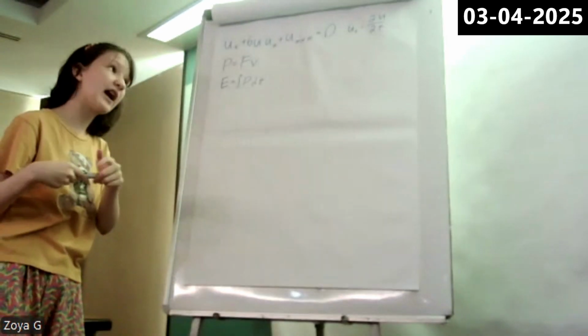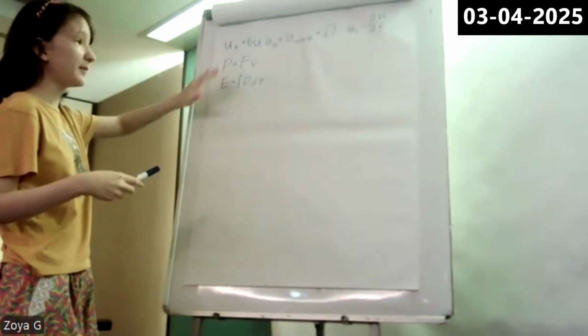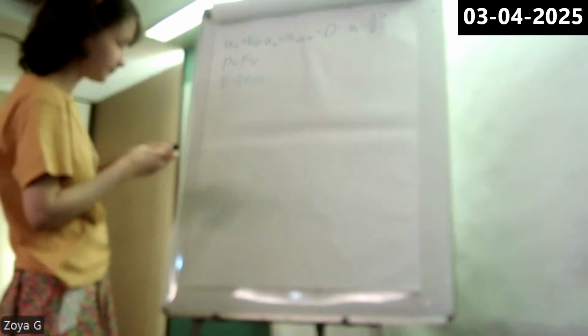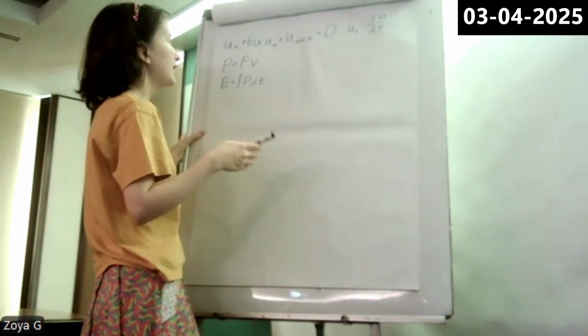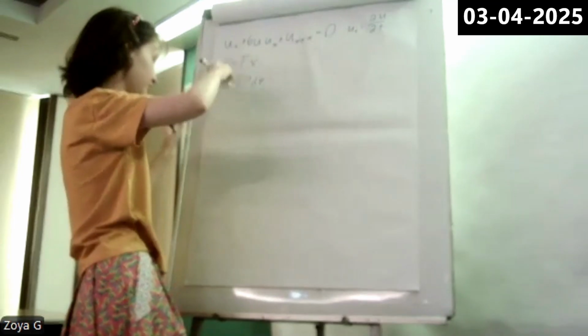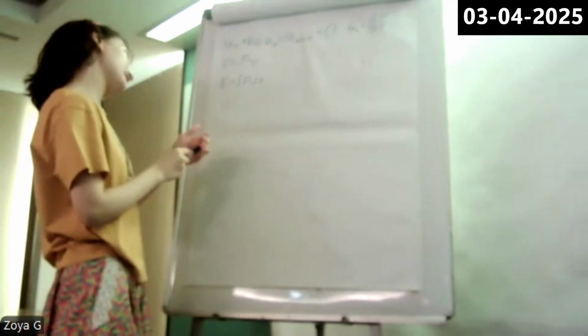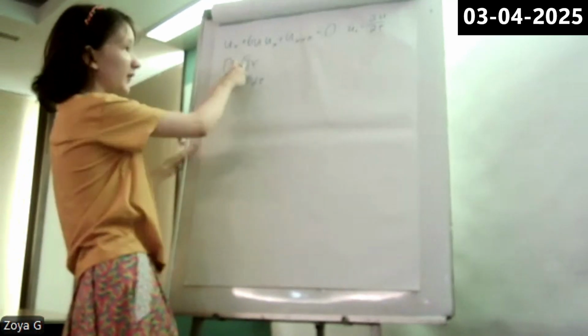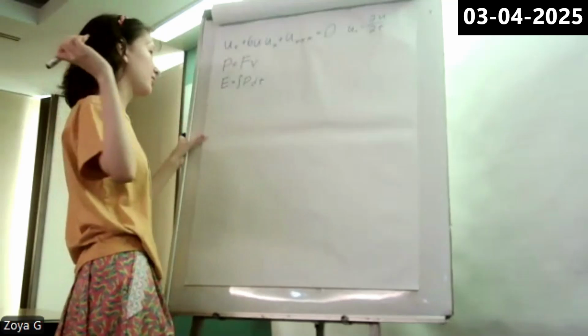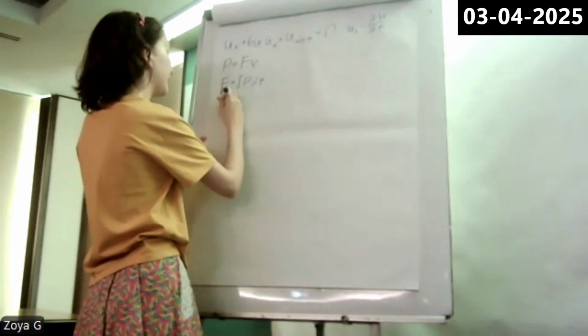Another thing that we have to take into account here is that this is a field equation. All right, so it means it's continuous. Now, how does this affect these two formulas? Well, it affects them in a pretty big way.